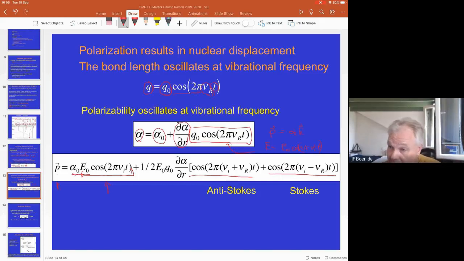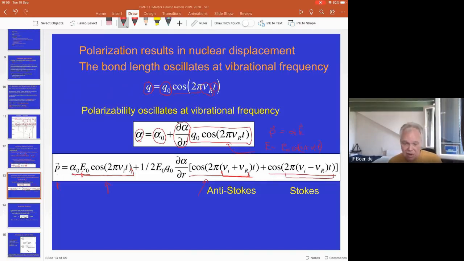And actually this generates now the scattered field. This is our Rayleigh scattering term. We see here a term for the dipole moment that oscillates at a higher frequency than the incident field, because this is the sum of the two frequencies. That is what we call now the anti-Stokes scattering. And we see a term that oscillates with a lower frequency, and this is the Stokes term.